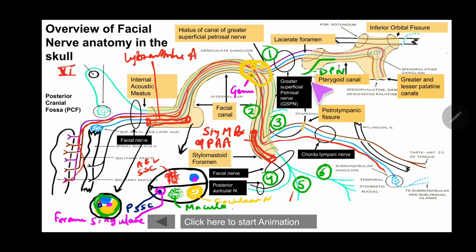So the deep petrosal nerve is a sympathetic nerve, remember, coming from the plexus around the internal carotid artery. So the deep petrosal nerve joins the greater superficial petrosal nerve, and then runs through the pterygoid canal. So this is called the nerve of the pterygoid canal, also called the Vidian nerve. This is also called the Vidian nerve.